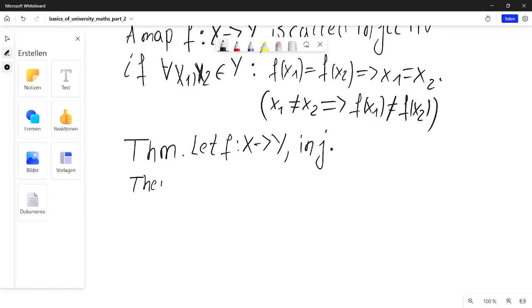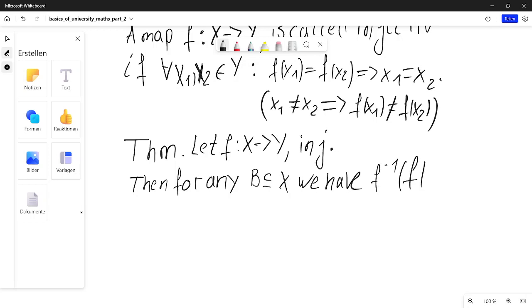Then for any B subset of X, we have indeed equality. So not just one direction of the subset relation holds, but both directions, and both directions give equality. We have indeed that. So we have a really nice thing, right? All right.